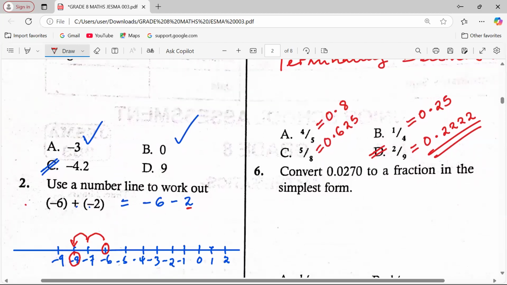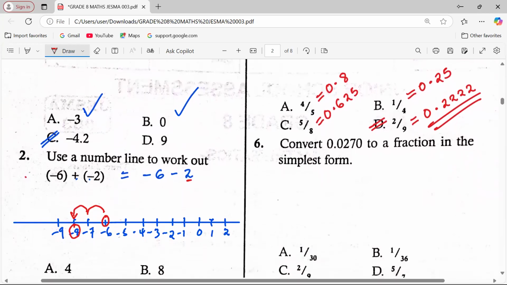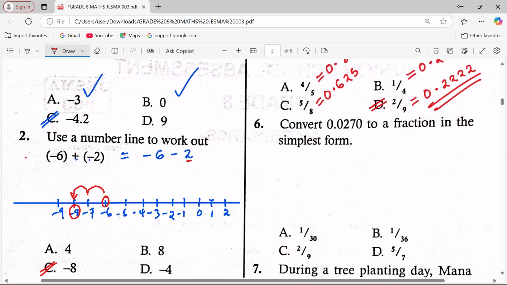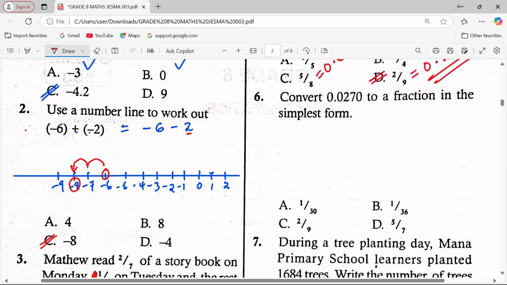Number 6, convert 0.0270 to a fraction in the simplest form. So there is an instruction about the simplest form. To convert, we take the numbers here, whereby we are having 27.